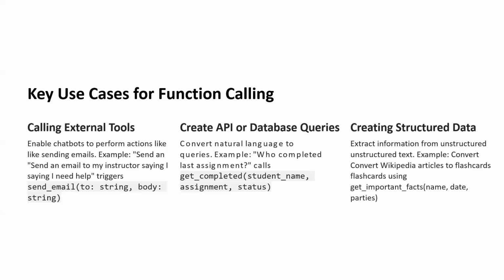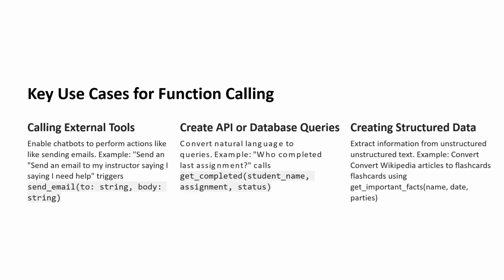So from a basic prompt, we can say, kindly retrieve the student name, this assignment, and whether the student's assignment has been marked or not, based on the name that you put in, and then what assignment it is, and then the status. The function will go to your database and retrieve that information for you based on what you want.